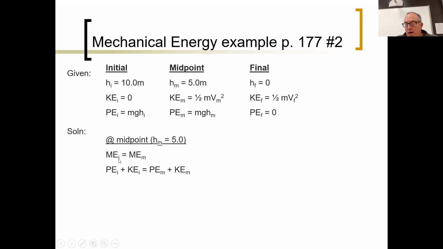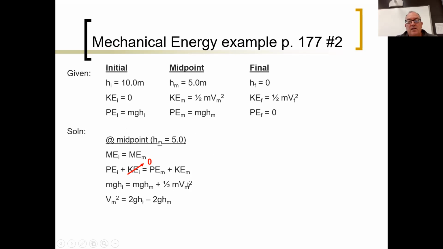So I can do it at any point along the line. I can figure out the mechanical energy I have. And then I can jump up here and say, oh, the kinetic energy is 0. So I'm going to get rid of that term. Here I have everything. So now notice that the mass is the same all the way through. So I'm going to get rid of it. Let's just get rid of all the mass.